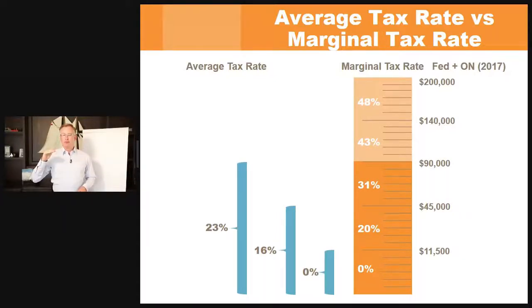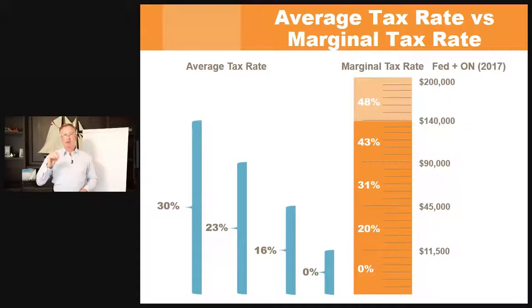So if you earn from $90,000 to $140,000, you're now in the 43% tax bracket, or your marginal tax rate is 43%. If you earned $140,000 a year, well done. Your average tax rate is now 30%.